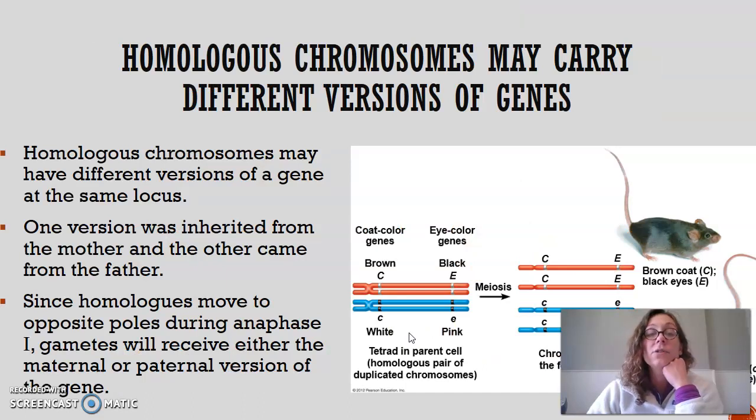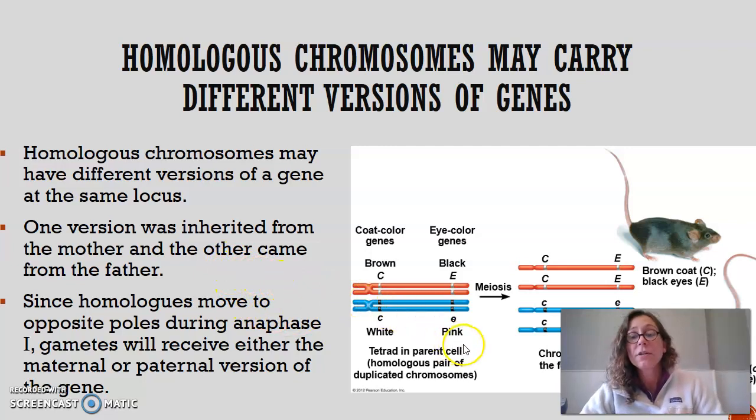Homologous chromosomes may have different versions of a gene at the same locus. We talked about this a little bit, but that's the idea that if you were to find the gene for coat color, for example, in this little rat here, you have the coat color gene at the same locus, the same location, on homologous chromosomes. But on one parent chromosome you might have a gene for black or for brown, and on the other you have one for black.